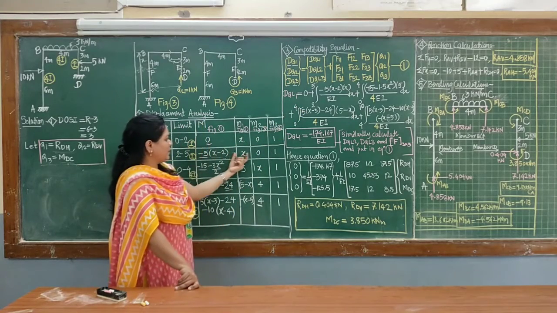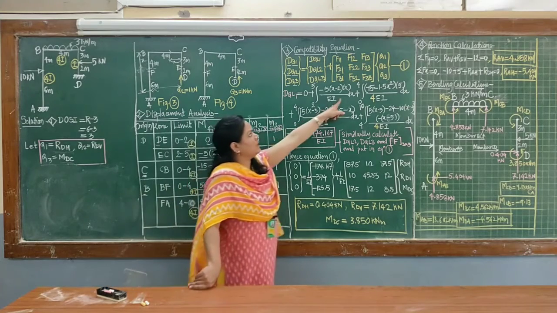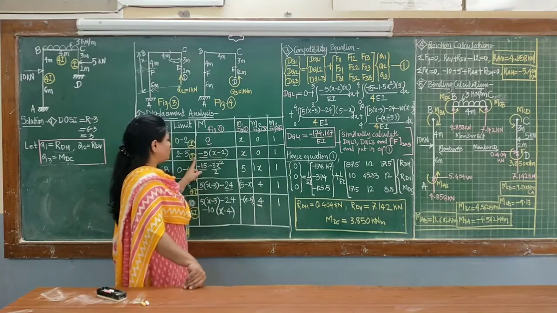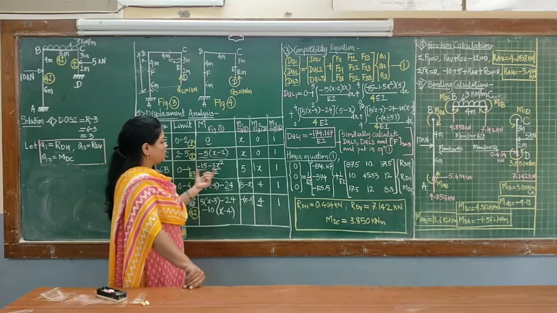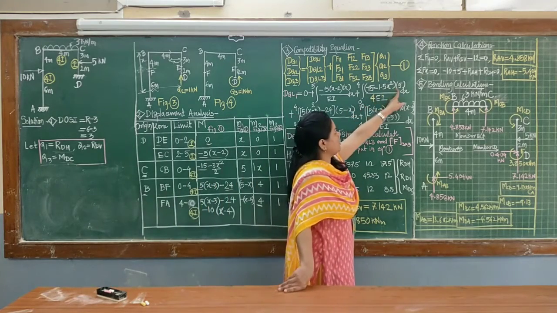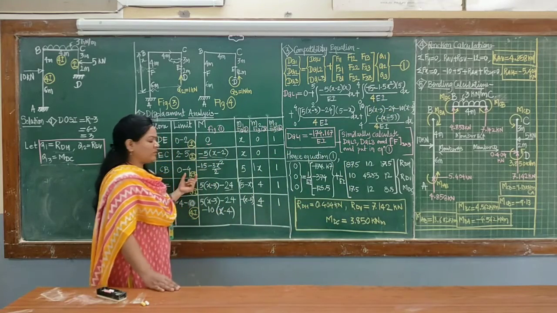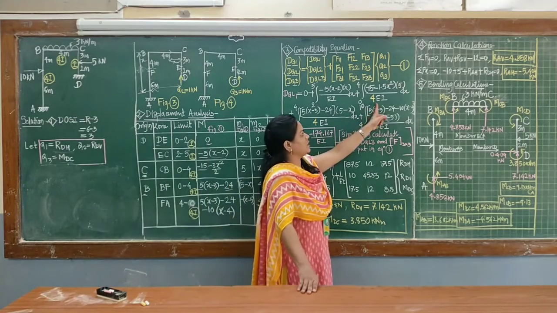Then capital M into M1 upon EI, divided by EI, into dx, limit 2 to 5, plus the integration of zone CB. So this is capital M, M1, take the product, divide by EI, and for the CB zone it is 4 times EI. So that should be counted here.